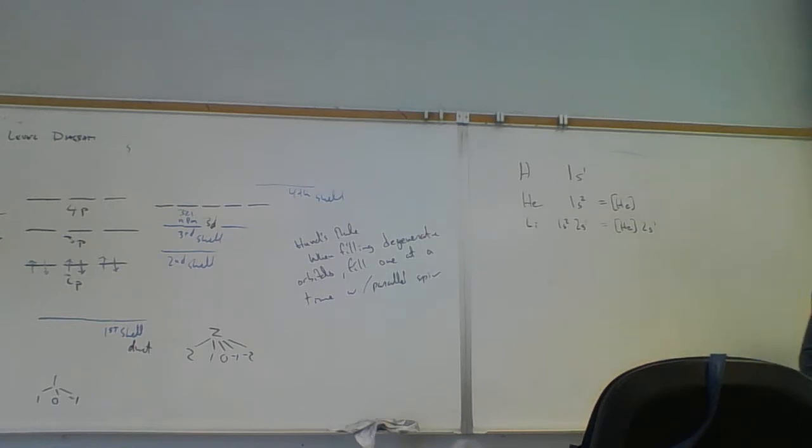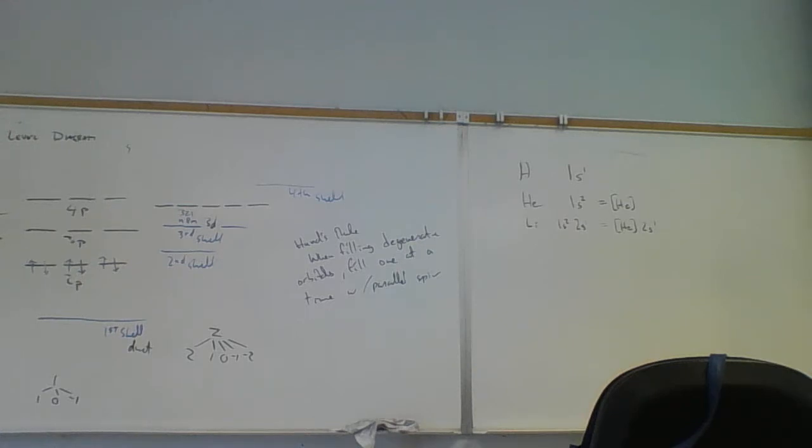These rows here are called periods. And periods are shells. And so this is the first shell. The second shell consists of 2s and 2p. So lithium has 1 electron in 2s, so we've half filled this shell. If we go on to beryllium, beryllium will fill up this 2s subshell. To fill up the entire shell means we have to fill up this entire row.